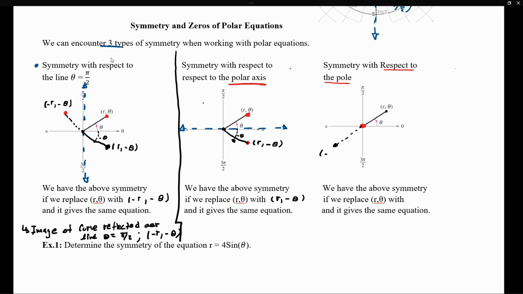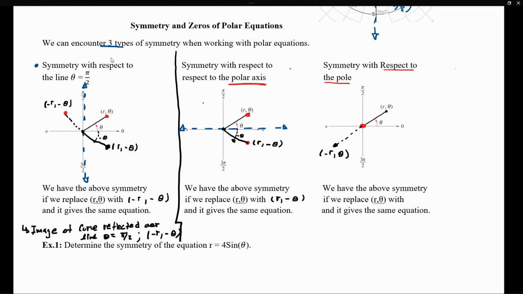Therefore, my image is going to be defined as negative r comma theta, because we're still using the same angle here. But now, instead of going towards the point, by reflecting a point over the pole, all it does is, instead of going towards the original point, it's just going to go against. So therefore, we have a negative r.